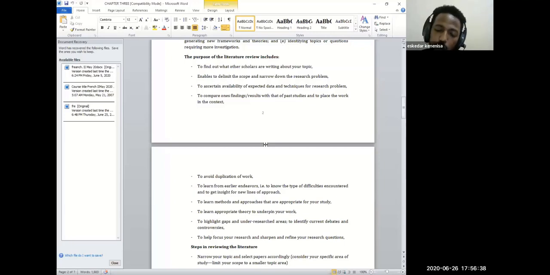In addition to that, the literature review highlights the gap in the research. The gap or the topic or research problem that is not covered by the previous works. If any topic is dealt with by one researcher, it doesn't mean that it is wholly covered.